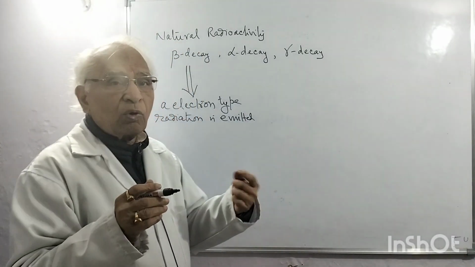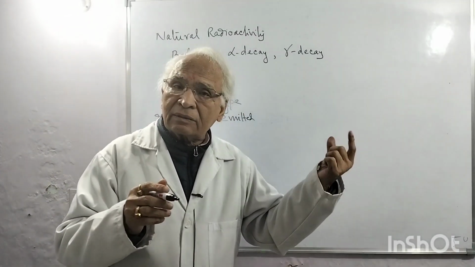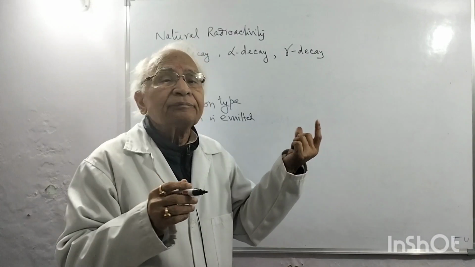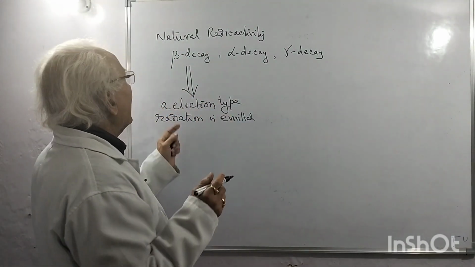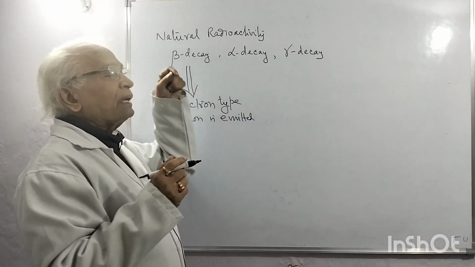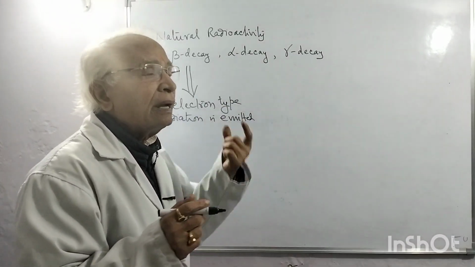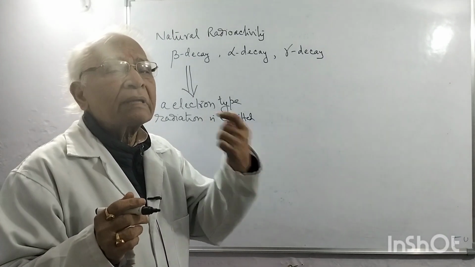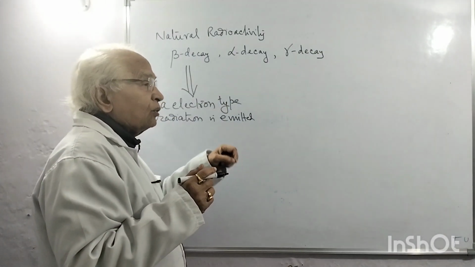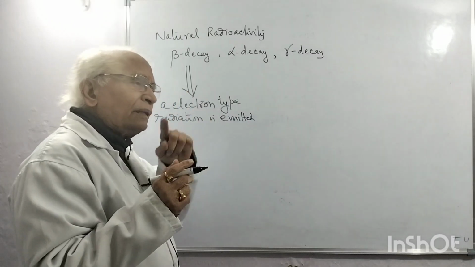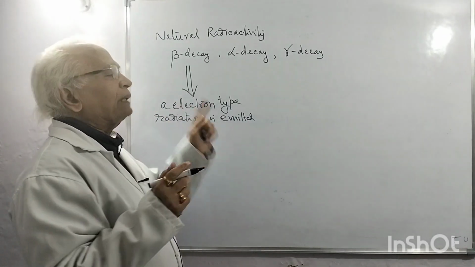Electrons are coming out from atomic shells, outside the nucleus. So the difference is that this is electron type, means it is not exactly coming out from the atomic shells. It is coming out from inside. So I am making it a little bit different that it is electron type.